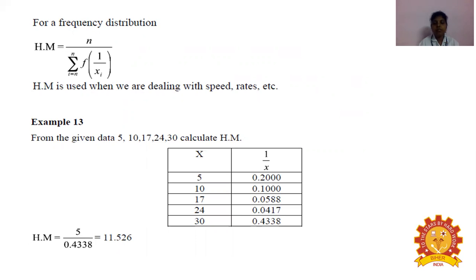Next column, 1 by x. 1 by 5 is 0.2000. 1 by 10 value is 0.1000. 1 divided by 17 is 0.0588. 1 divided by 24 is 0.0417. 1 divided by 30 is 0.0333.